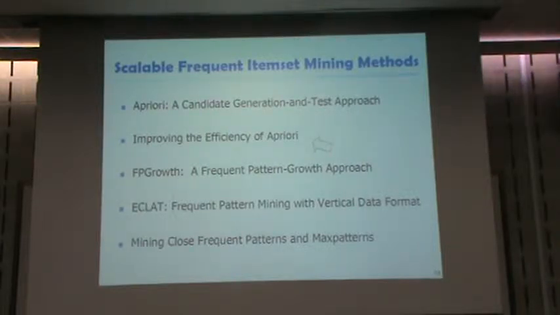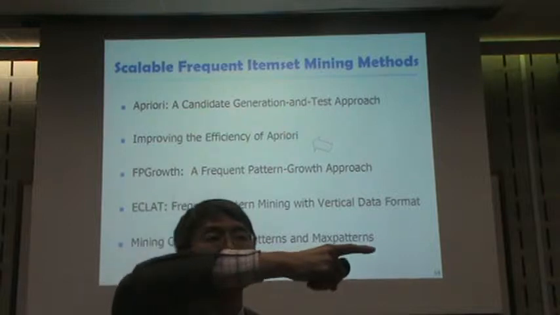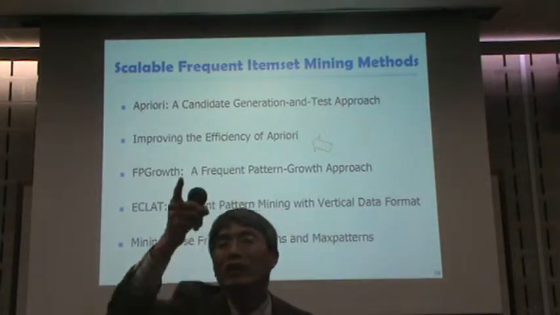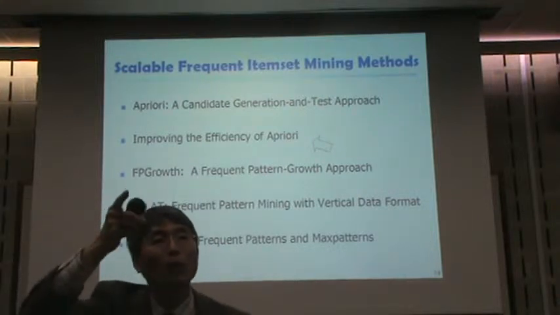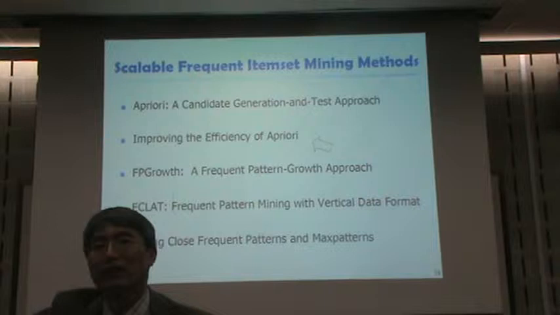That is the FP-growth. And the vertical data format: our data set is, for each transaction, we have the items. So why don't we do it the other way? For each item, we check the transaction IDs.